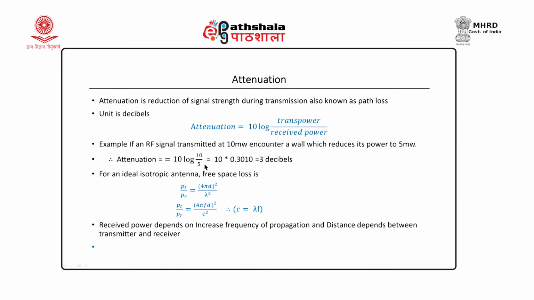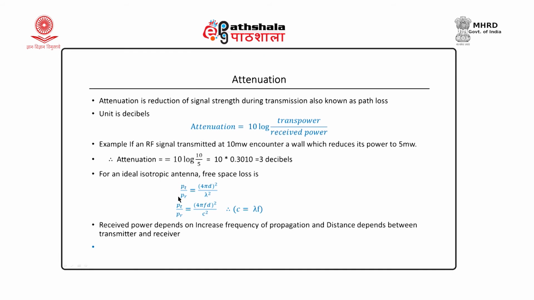For example, if the signal was transmitted at 10 milliwatt and then it encounters a wall which is a dielectric, it will absorb some of the signal and hence the power will be reduced to 5 milliwatt. So, almost half of the signal strength has gone. What will be the attenuation? The attenuation will be 10 log of 10 divided by 5, 10 log 2, which is equal to 0.3 bel or 3 decibels. So, this signal has undergone 3 decibels attenuation.